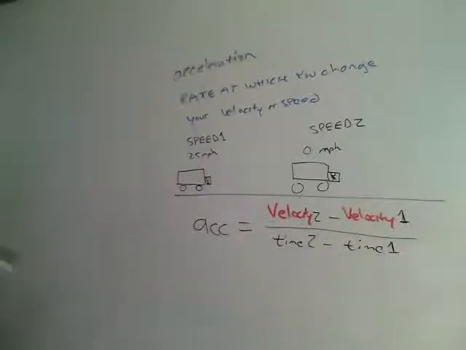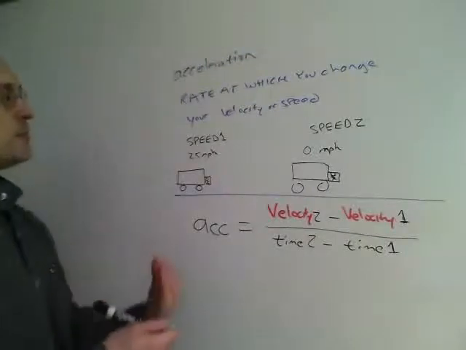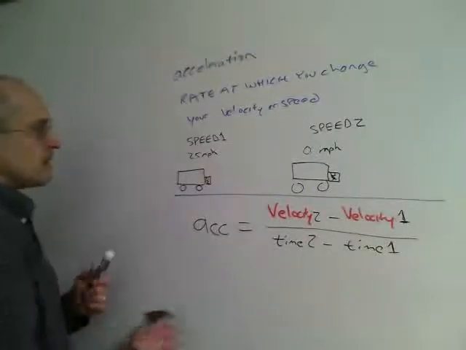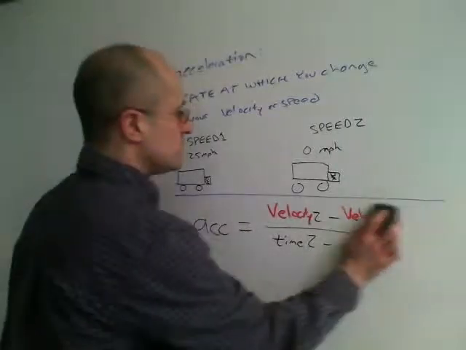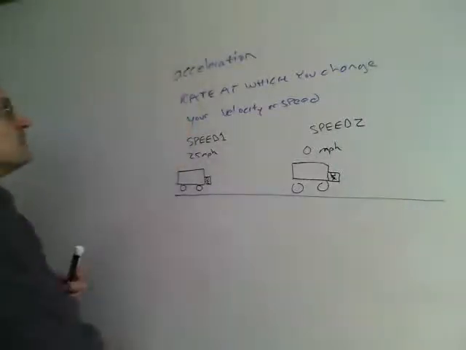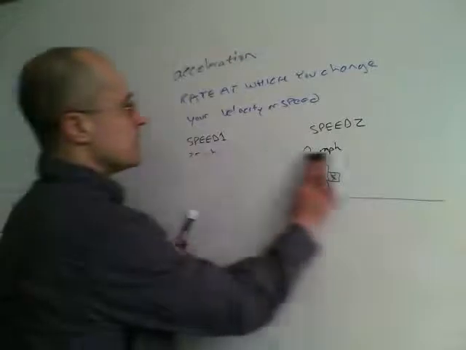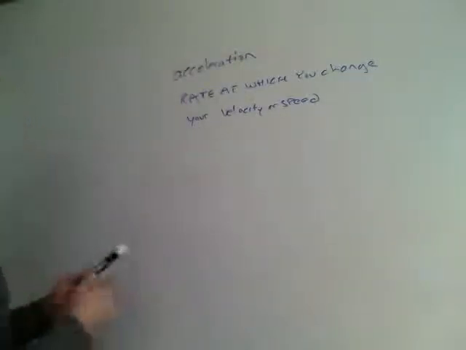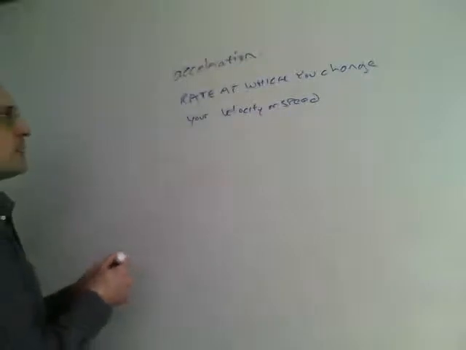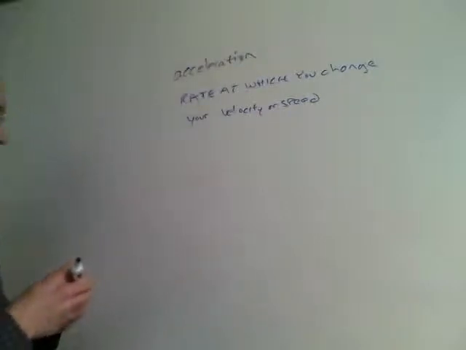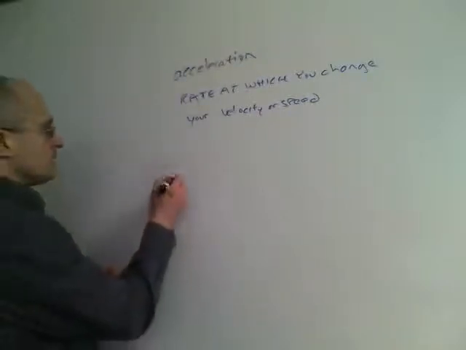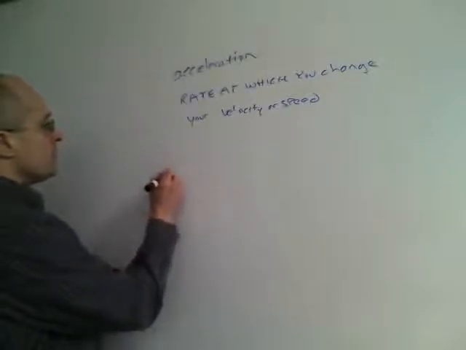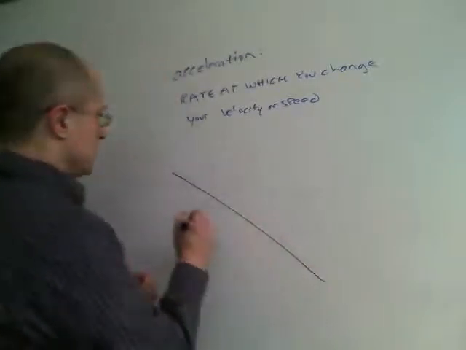Now, one other thing to think about is that your acceleration changes your velocity. So you can also think about acceleration as changing your velocity. So how can we think about this? Well, we can think about how Galileo was thinking about it.